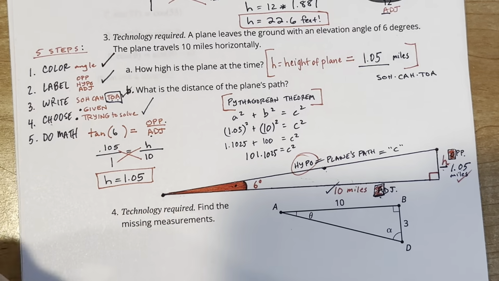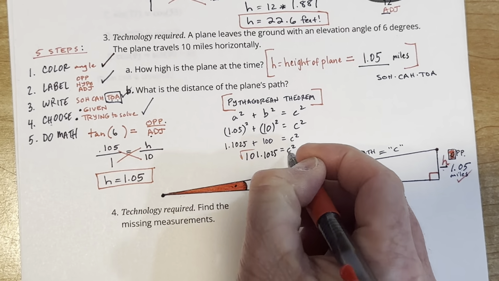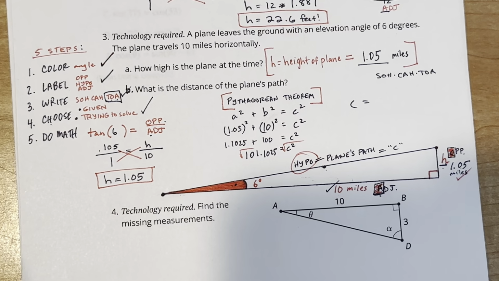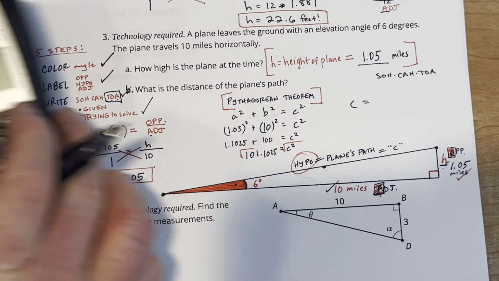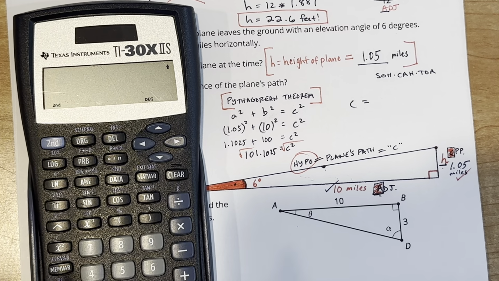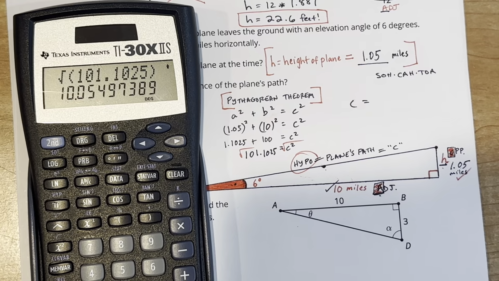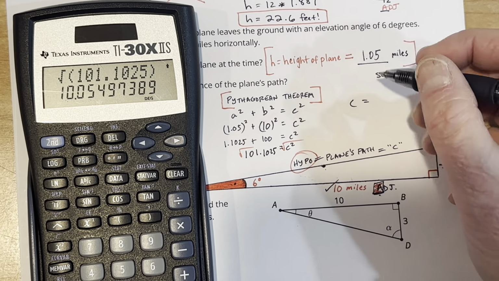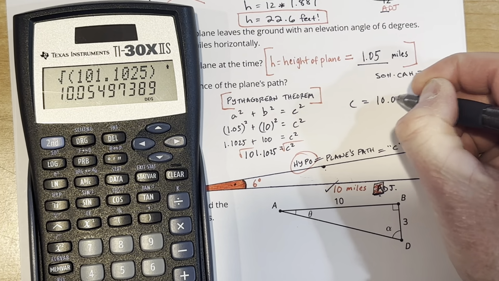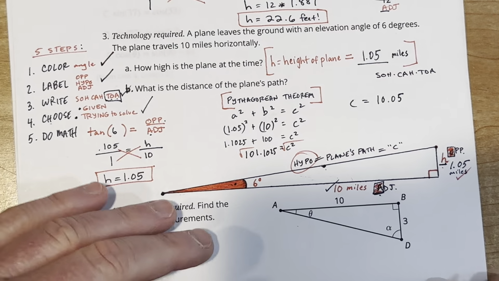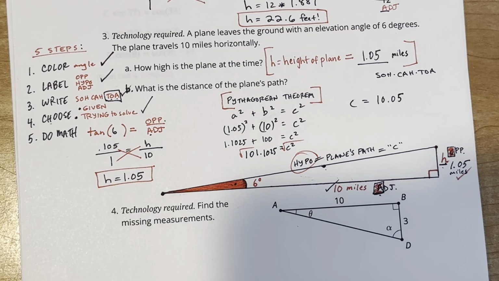Then you just square root these puppies right here. C equals second x squared 101.1025. Wonder how Notre Dame's doing. 10.05 miles.